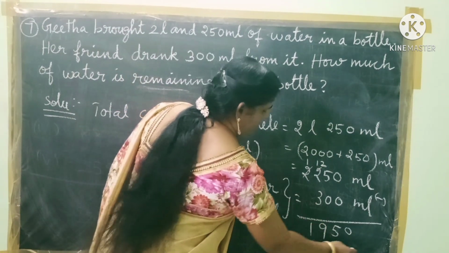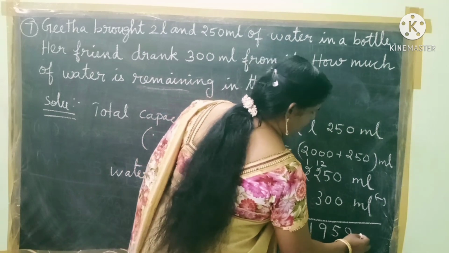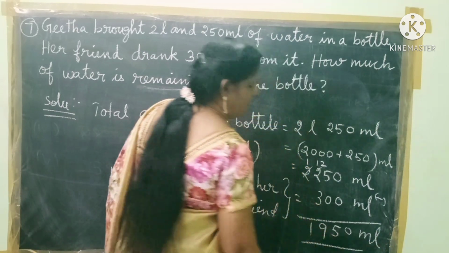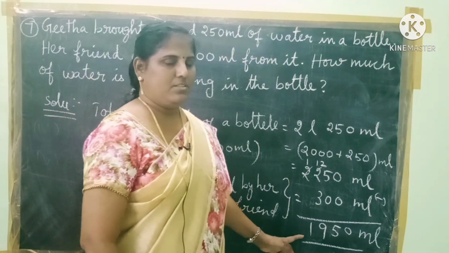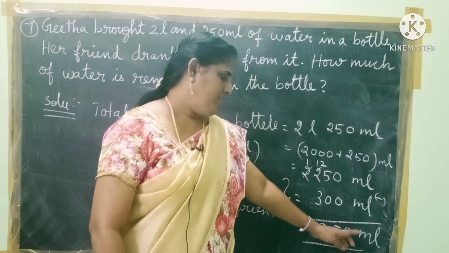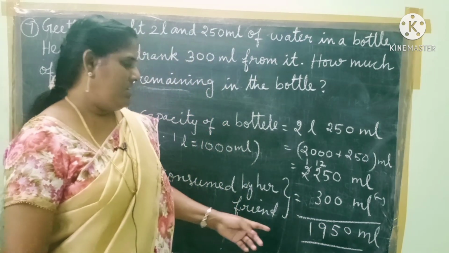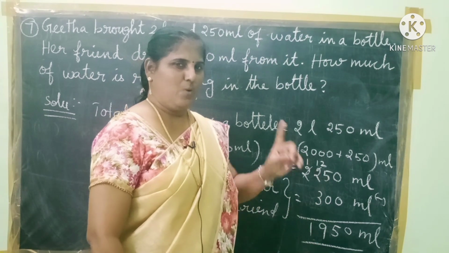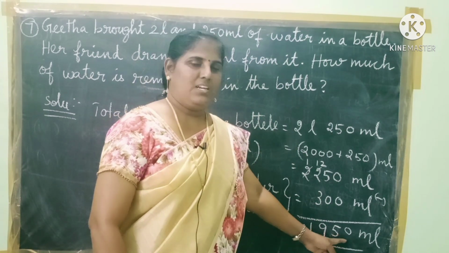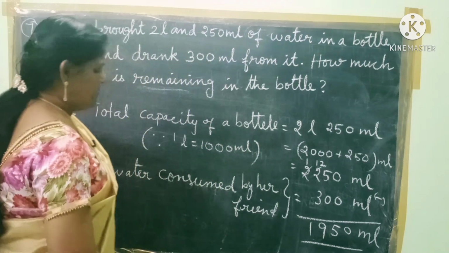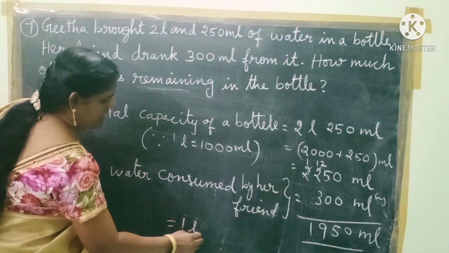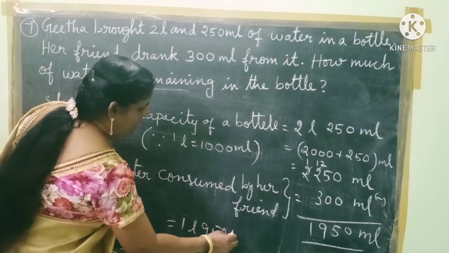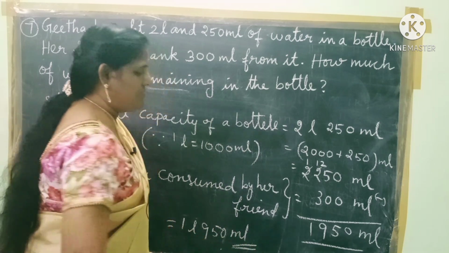Here 1. 1950 ml is the remaining. 1950 ml means, what is the actual answer? 1000 means 1 liter. 1 liter 950 ml is the answer.